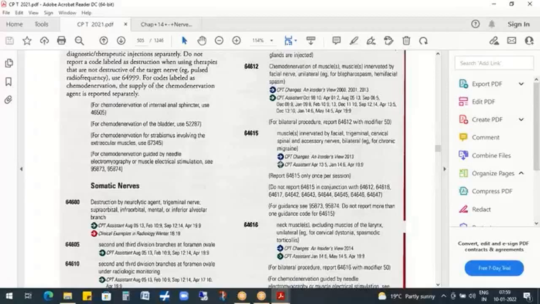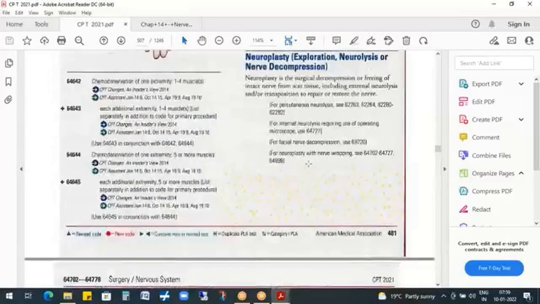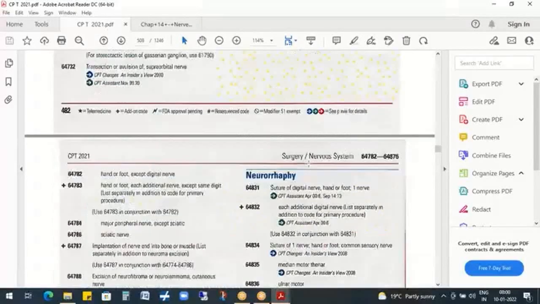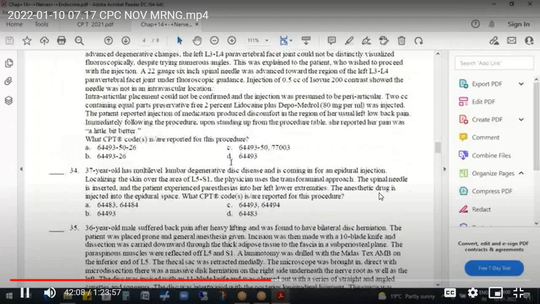Chronic migraine: 64615. If the destruction of muscles is for the condition cervical dystonia, spasmodic torticollis: 64616. Chemodenervation means destruction. You need to identify the noun name and we can go. I will show you one question.